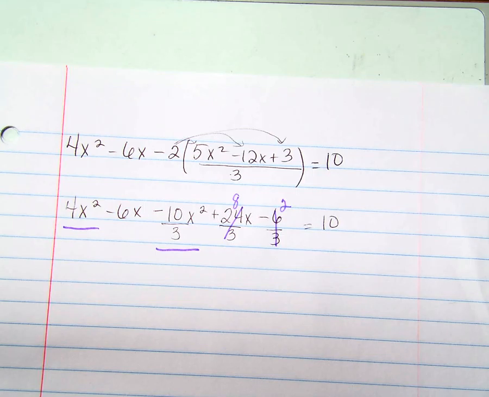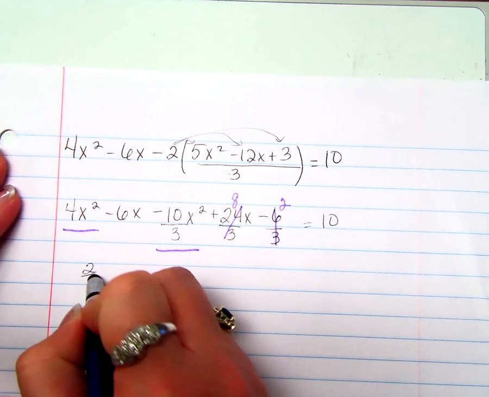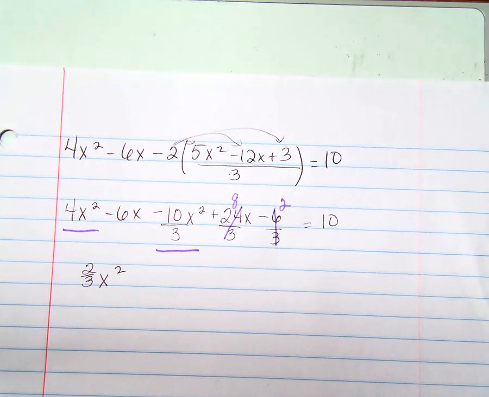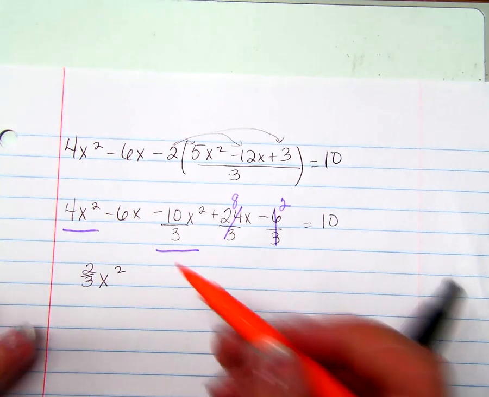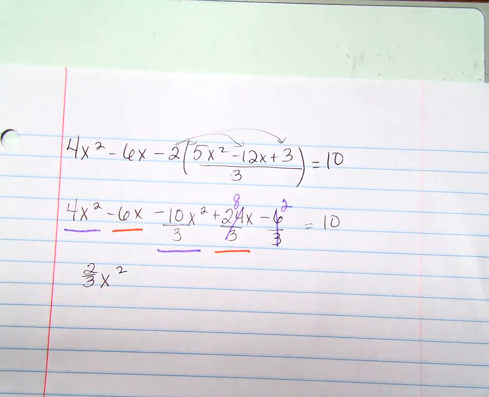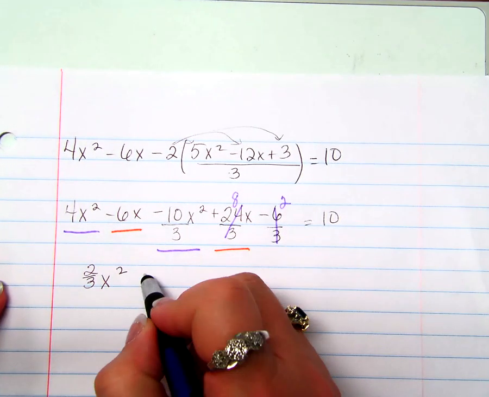I'm slightly ashamed at this point in time, partly because all of you are sitting here staring at me, not trying to figure it out. It's 2/3, isn't it? So this is 2/3 x squared. Now I have a negative 6x and a positive 8x, which is 2x.